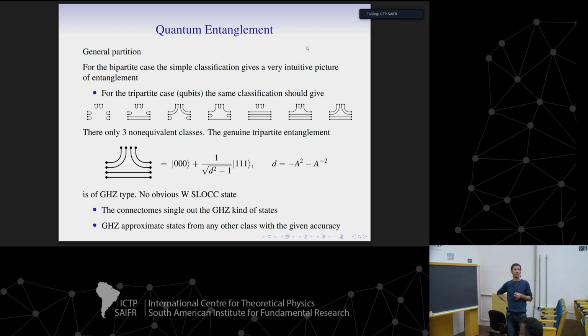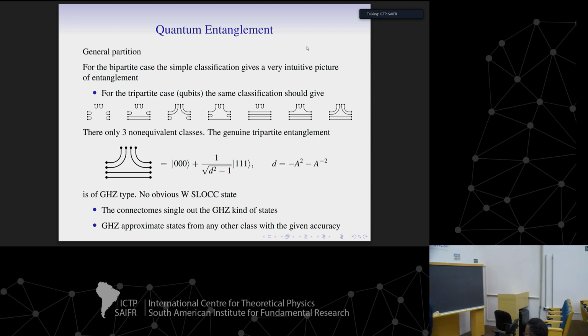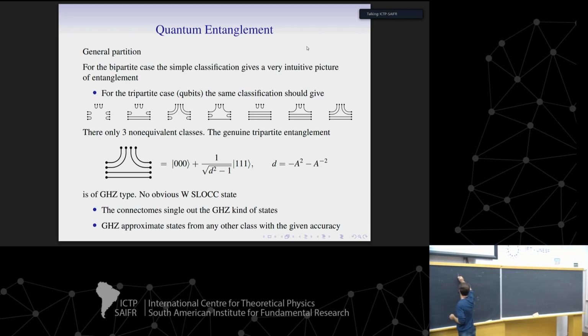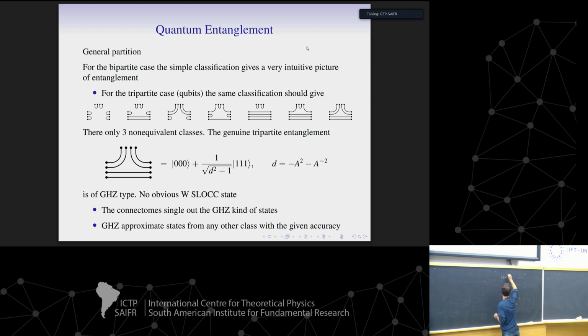Or you can take one of these Bell states or EPR states multiplied by one basis state; that will be an example of a state like this. And this is a GHZ state, and the W state is the state where you have at minimum 3 terms in the expansion, in the linear combination.